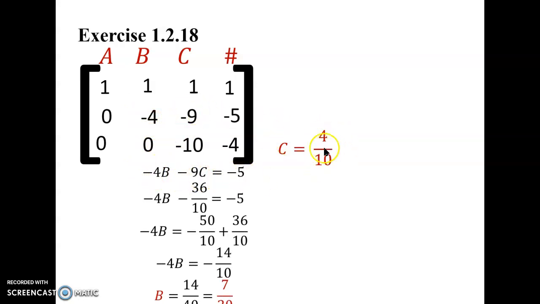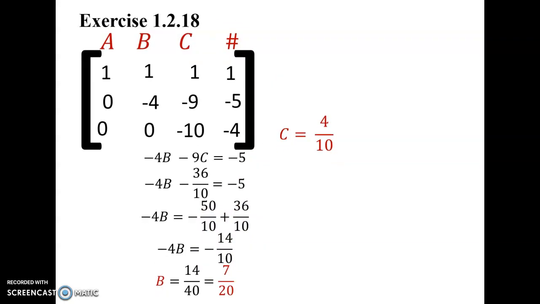So 9 times 4/10 is 36/10, and -5 will be -50/10. Combining with algebra, and that just went off the screen, I apologize. So I have -4b equals -14/10, so b is 14/40, or 7 divided by 20.